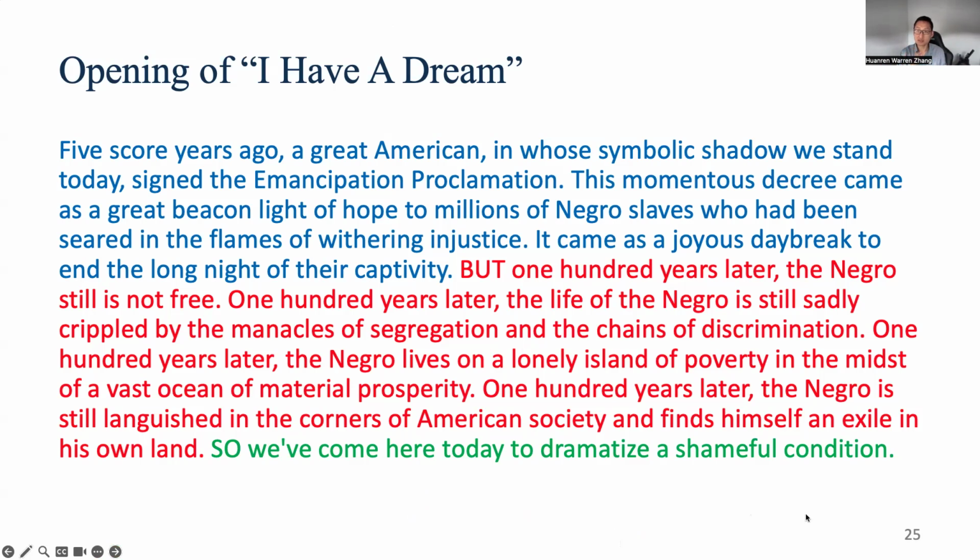Okay, so this is the ABT structure. And of course, what makes those speeches memorable and lasting throughout history is not only the ABT structure. We see they use a lot of rhetoric, like Lincoln and King used "100 years later, 100 years later." It's a parallel sentence that makes it very rhythmic and easy to remember.